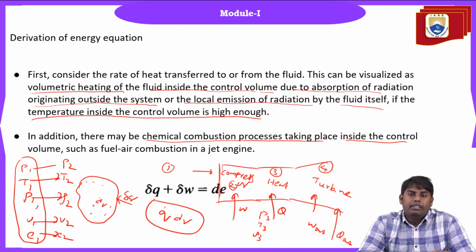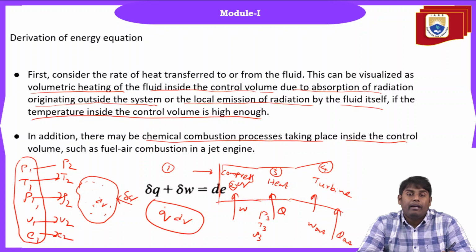Similarly at 4, it will change from P3 to P4, T3 to T4, rho3 to rho4, V3 to V4 and E3. At each and every stage there is a change in temperature and a change in work interaction, therefore there is a change in the internal energy of the system. So this tracking has to be done throughout the process.